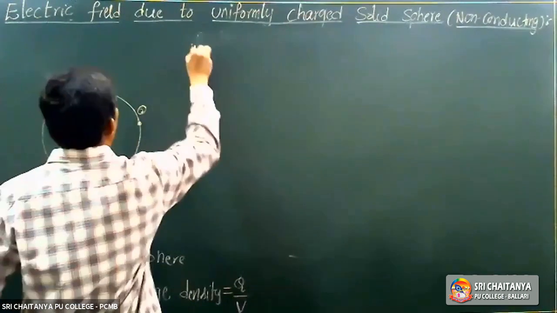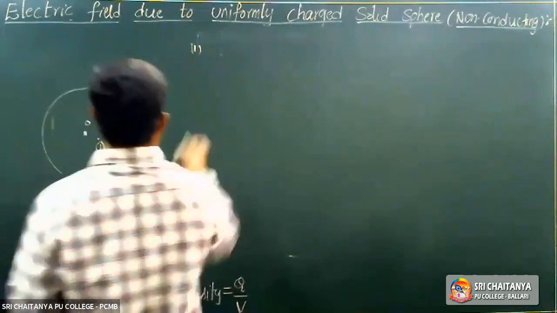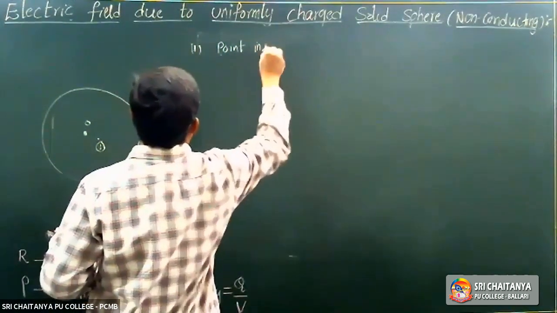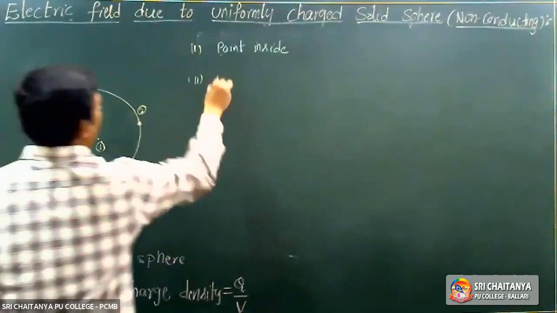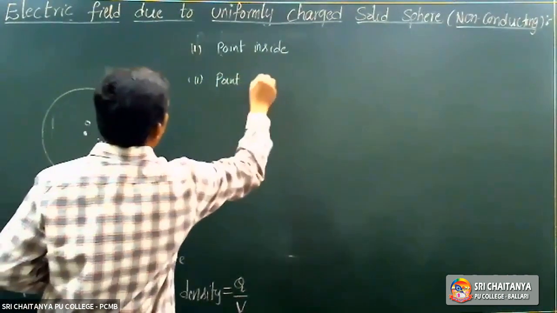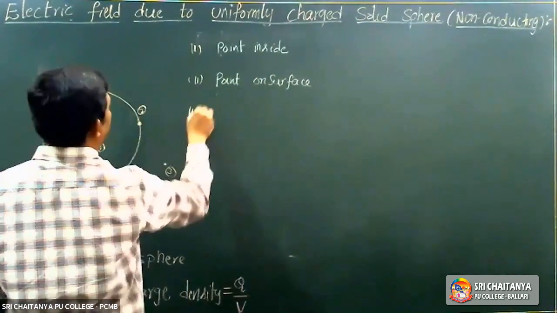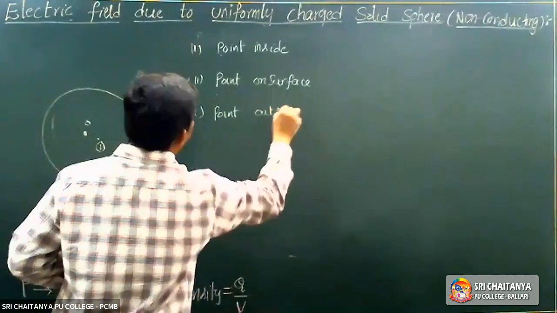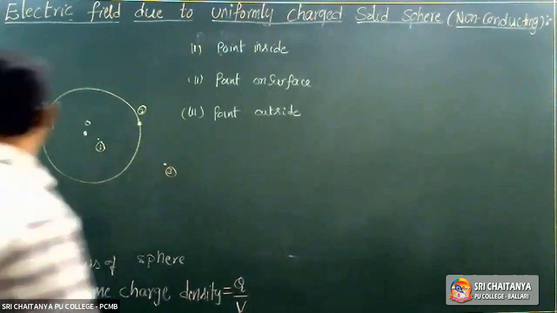Point 1, point inside. Point 2, point on the surface. Point 3, point outside. See, what is the E value?